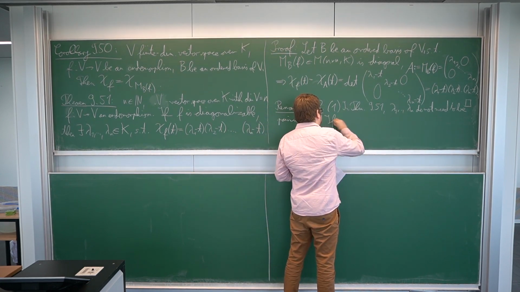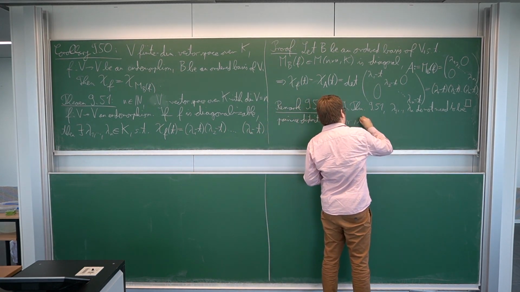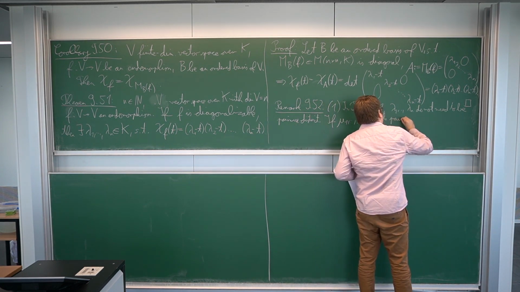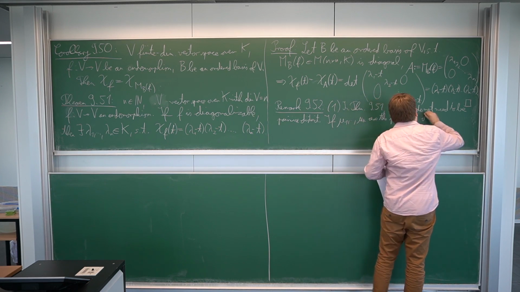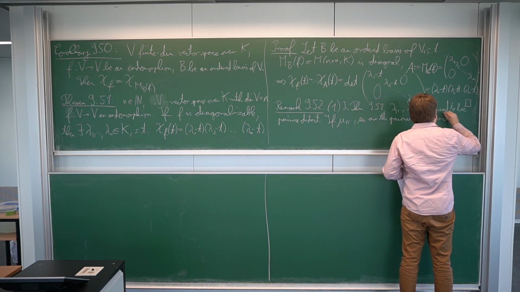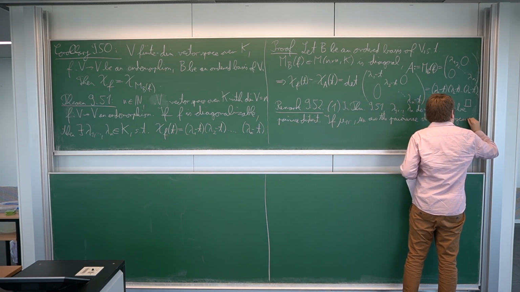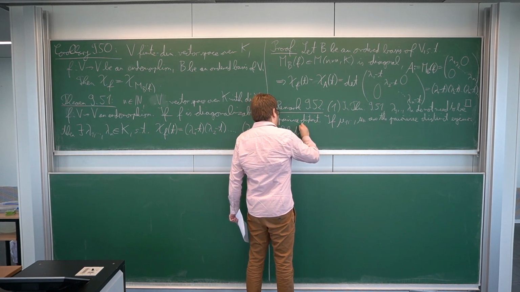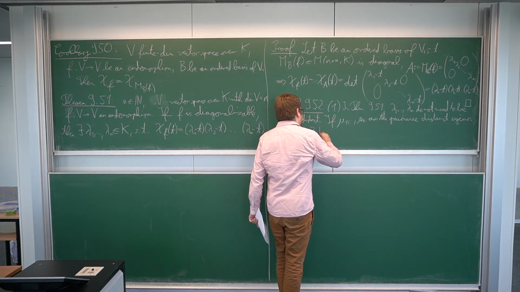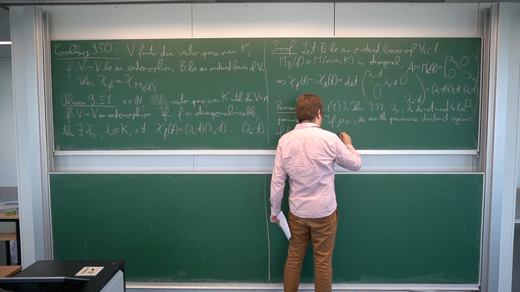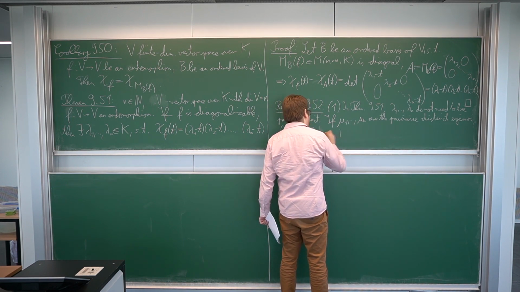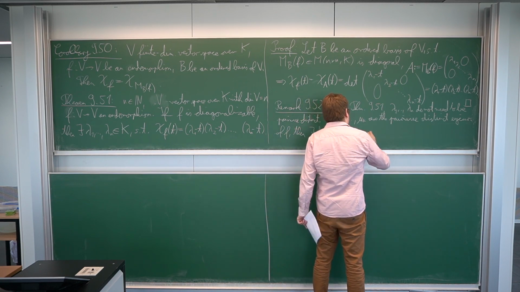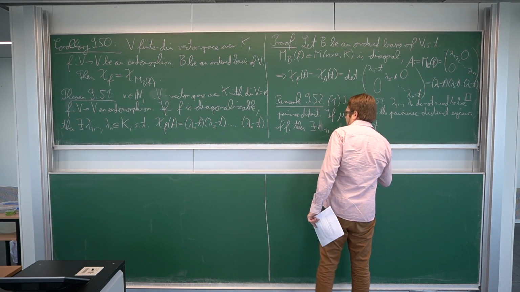So if, now let's give some different names, mu1 to mu k are the pairwise distinct eigenvalues of f, then it turns out that there are some powers, n1 to nk in the natural numbers, such that the polynomials are of the following form.